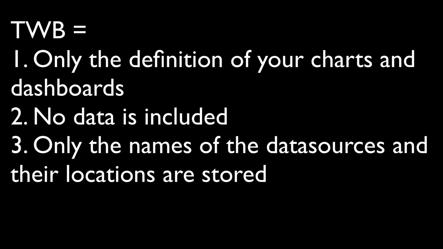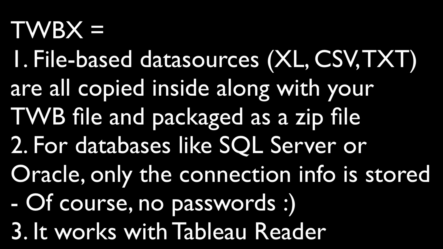In case of databases, the database location and the URL. It does not store the password and such. When you send it, if the person receiving it has access to the same folder, for example a network file, no problem, it will work. Or if you are sending the file along, it will work. But an easier way to send the file is to use TWBX.